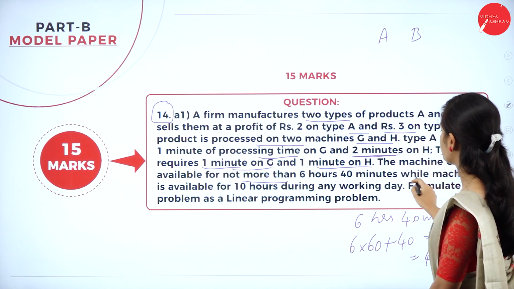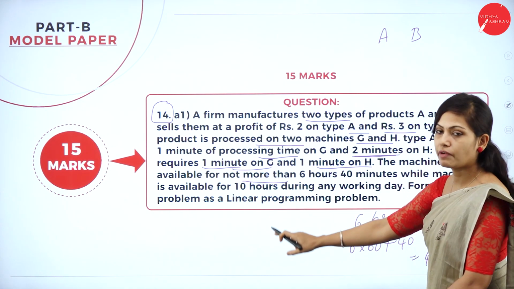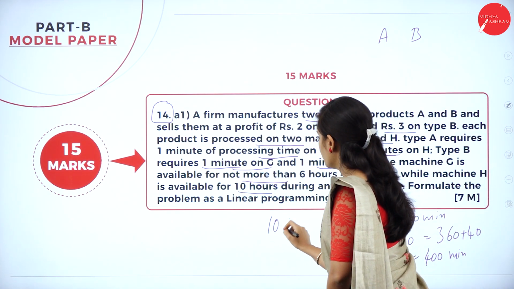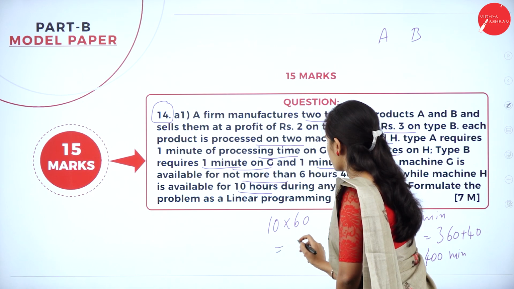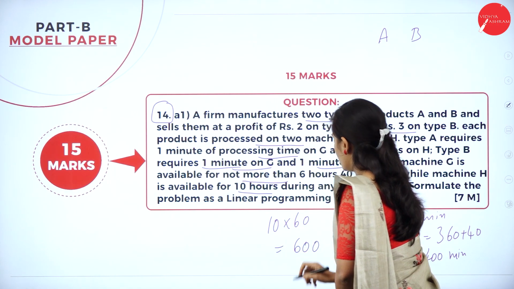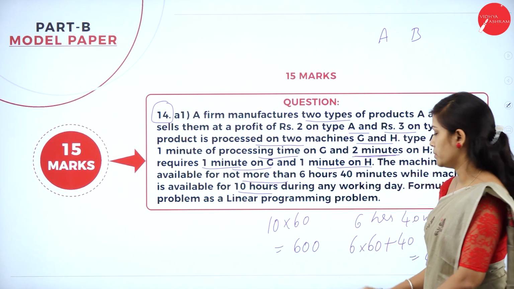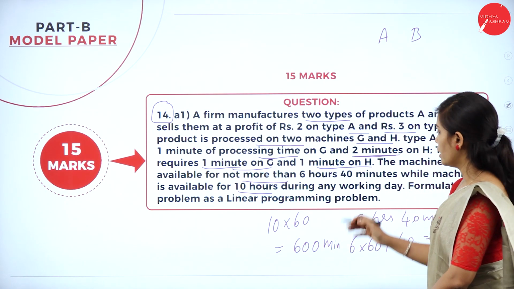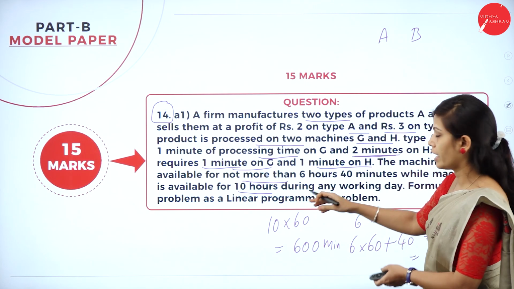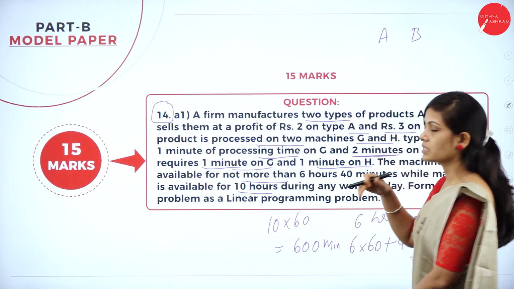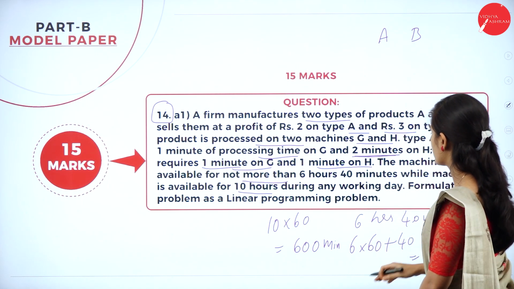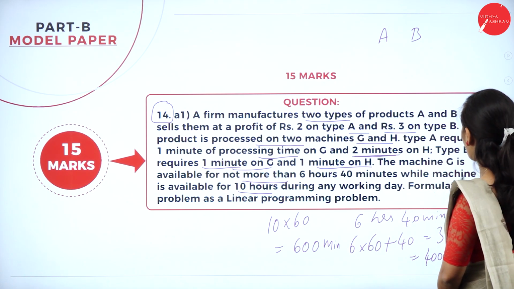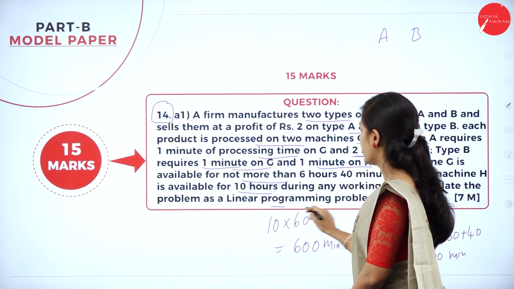And next one is, machine H is available for 10 hours. 10 hours means 10 into 60 minutes, so 600 minutes. So it is 400 minutes and this is 600 minutes. Convert this into minutes, since they have given it in hours. While machine H is 10 hours during any working day. Formulate the problem as an LPP.